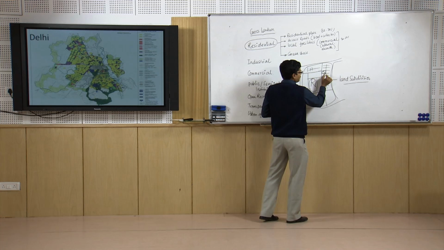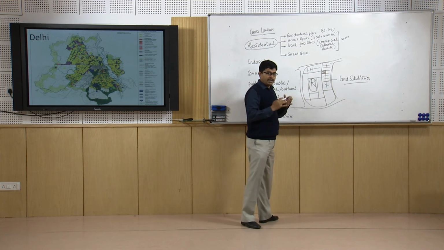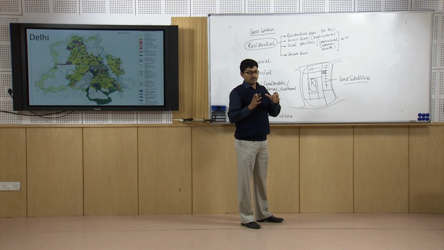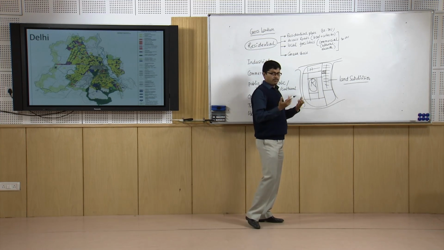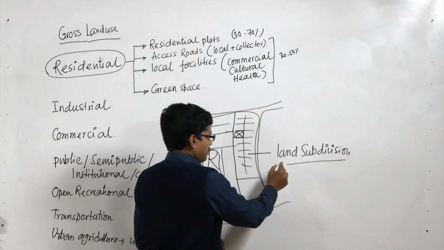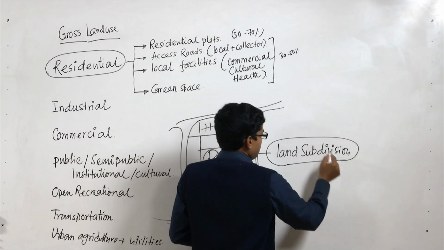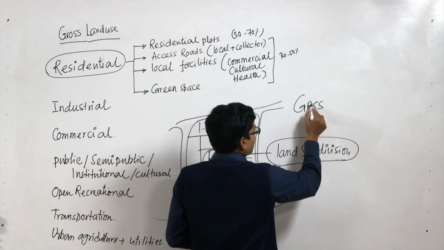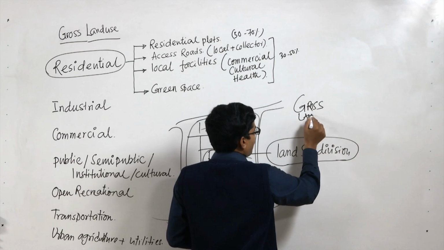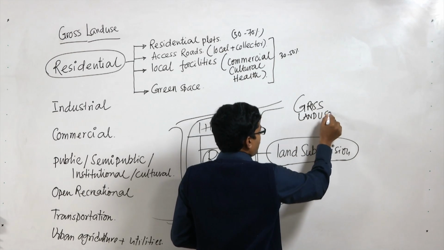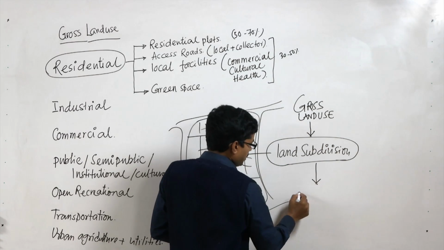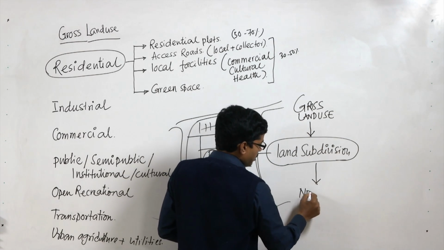If this is a plot for housing where we have to develop any kind of plot, we need that at the end of the planning process: which plot needs to be developed for what type of development. So land subdivision. When we discuss the gross land use, and then we do the land subdivision, what we get is basically net land use.